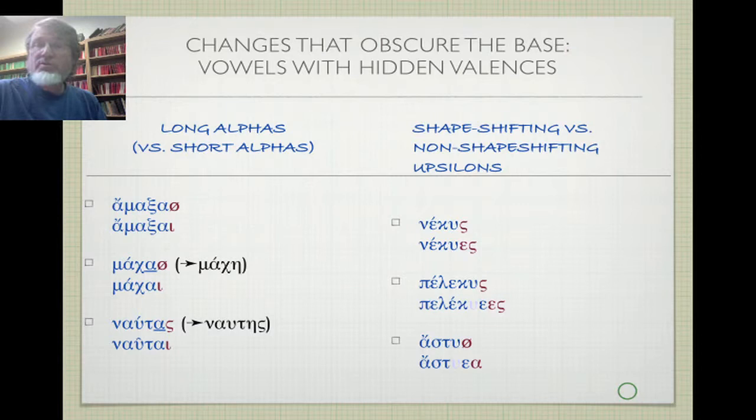And there are upsilons that always stay upsilons, and then there are some upsilons that shift to a different sound. When the alpha shifts, it does what grammarians call lengthening, and it shifts to an eta. And it turns out that most alphas that end bases are long alphas, that is, they tend to lengthen to etas.